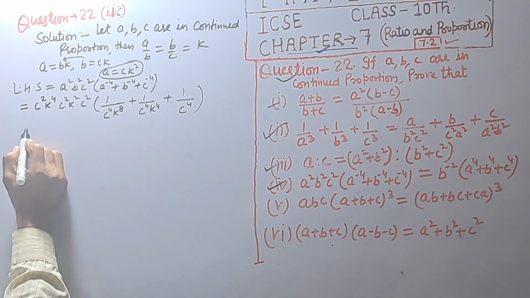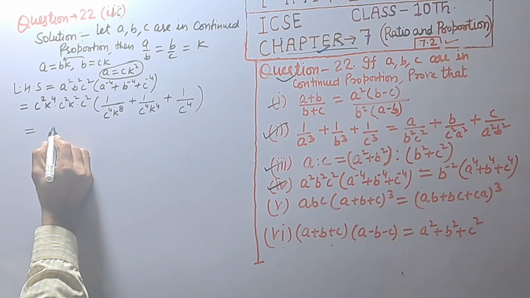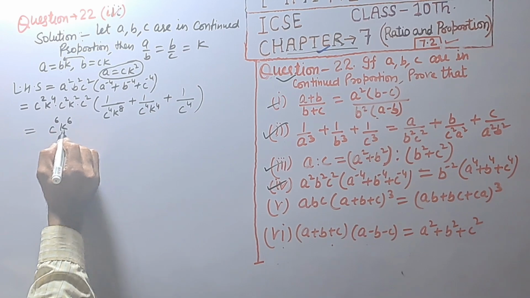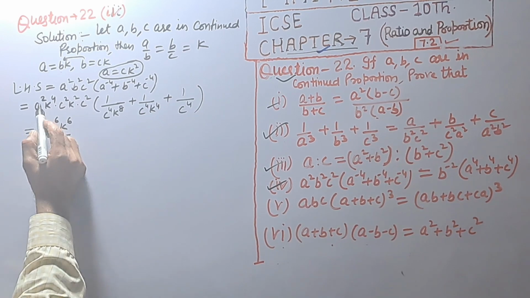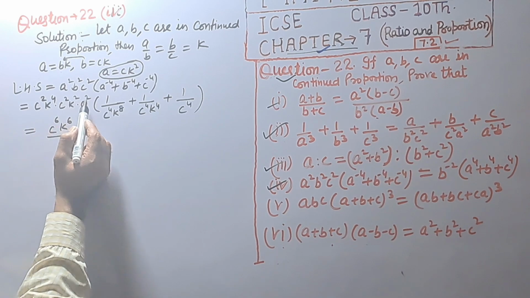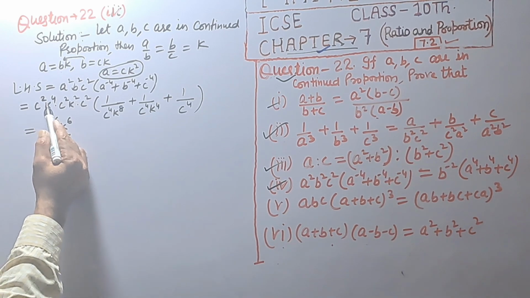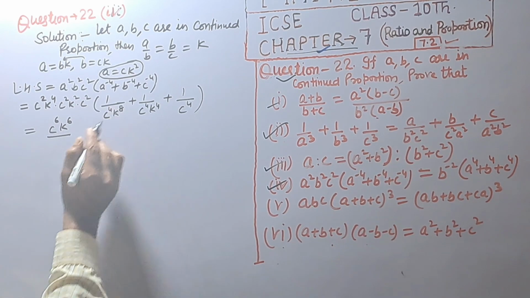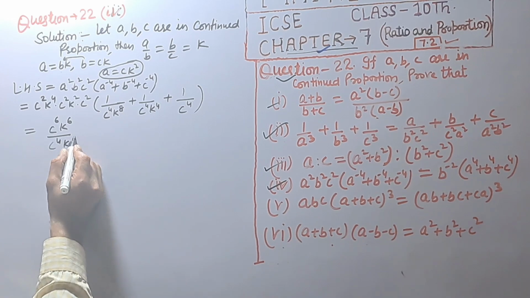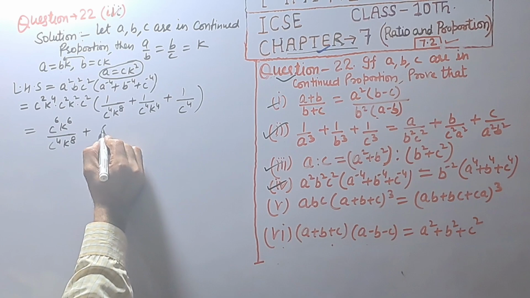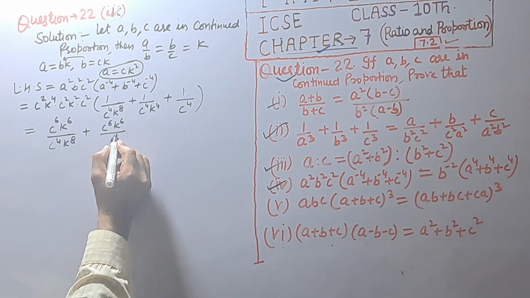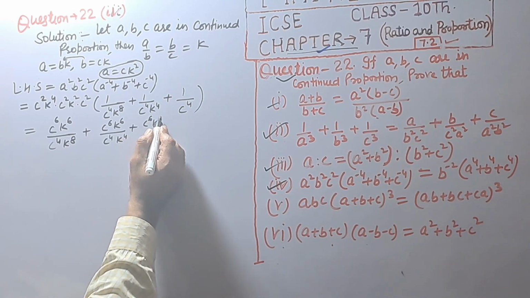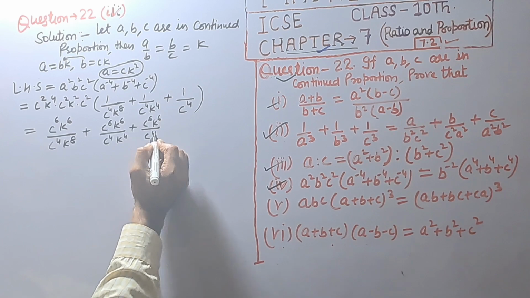We are multiplying in bracket, that is c raised to power 6 and k raised to power 6, divided by c raised to power 4 k raised to power 8, plus c raised to power 6 k raised to power 6 divided by c4 k4, plus c raised to power 6 k raised to power 6 divided by c raised to power 4.